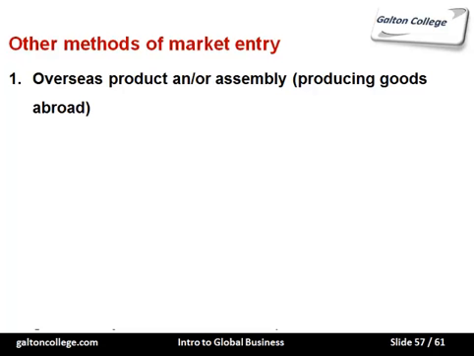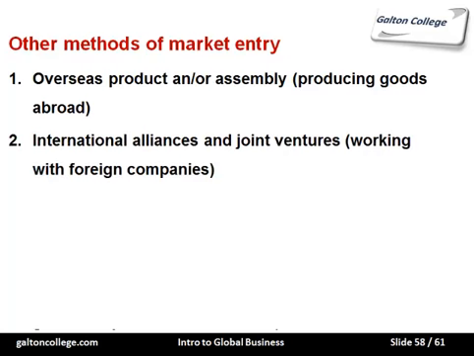Setting up a company over there, making the product abroad and selling it. Could be international alliances and joint ventures, working with foreign companies, trying to find companies overseas who make similar products, who are interested in the same type of market, and trying to form an alliance or some sort of joint venture with those companies to try and get a presence in the overseas markets.